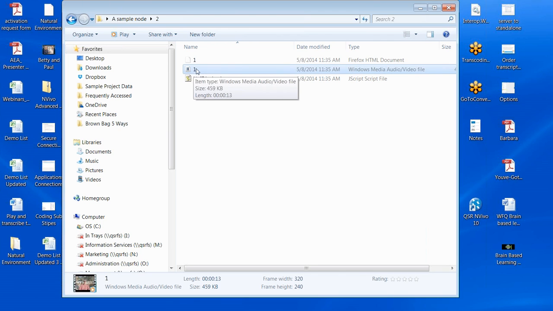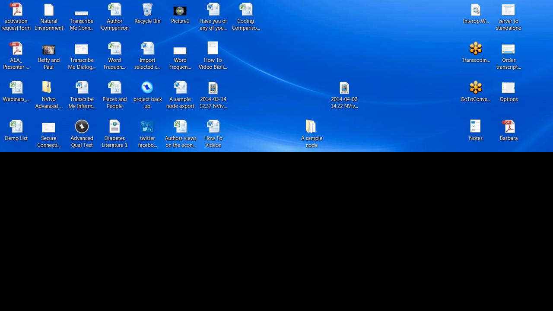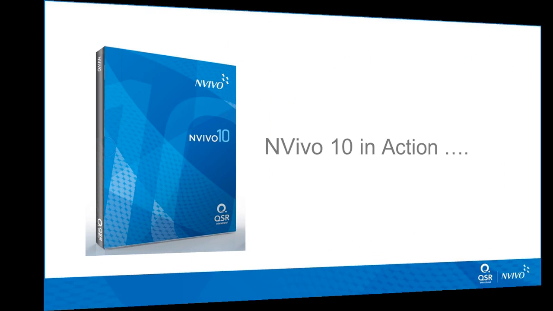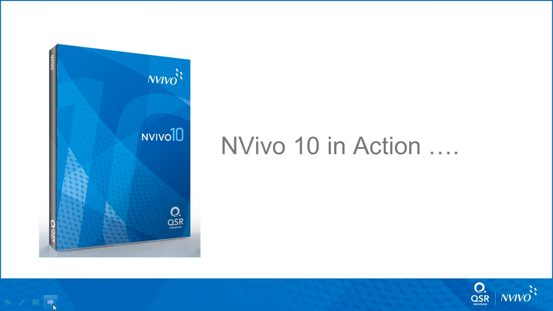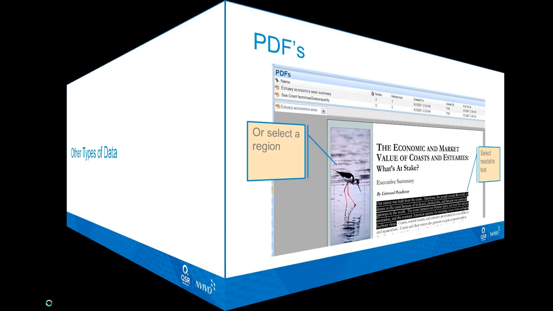Yep, I did some video. So basically, if I have a sample node and I export it, I'll export this out to HTML and I'll open it up when it comes out. But I do want to put it on my desktop. I will need to get into the file in just a moment, and send that out.